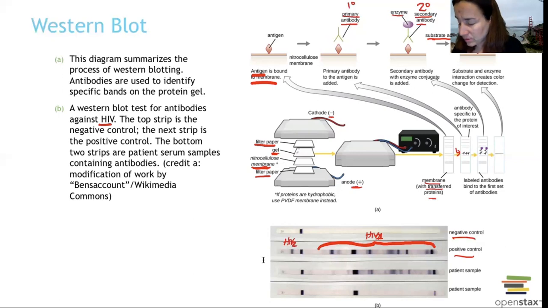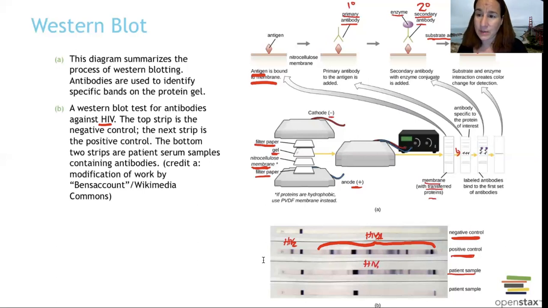Negative is not going to show the proteins, while the positive does show the proteins, both the HIV-1s and the HIV-2s. So let's look at the patient and see what's going on with this patient. If I'm interpreting this correctly, it's not my wheelhouse, but I think this patient sample is telling us that this patient is positive for HIV-1 antibodies, that they have been exposed.